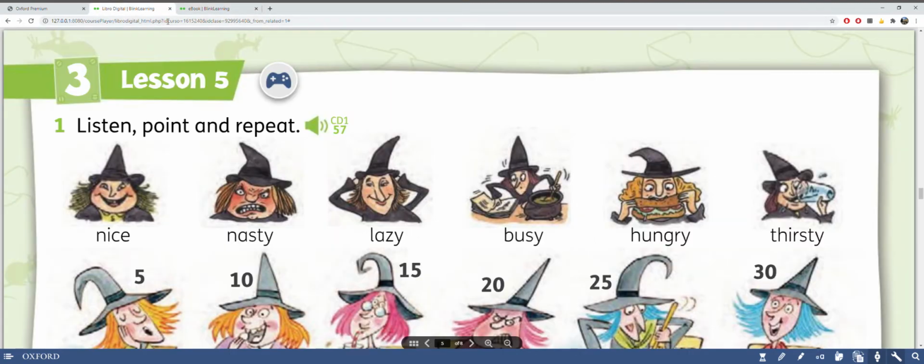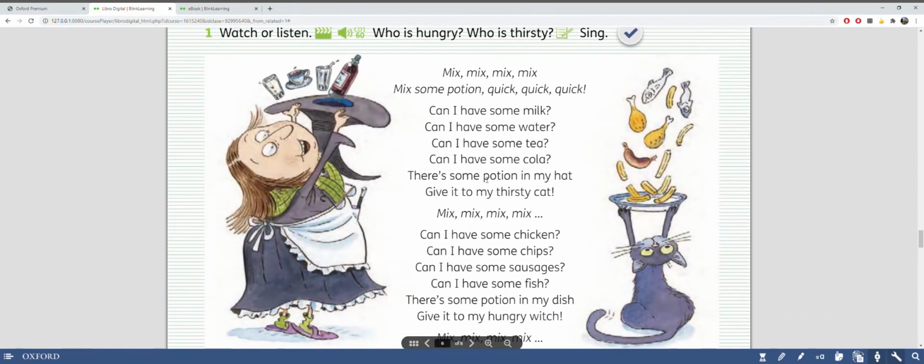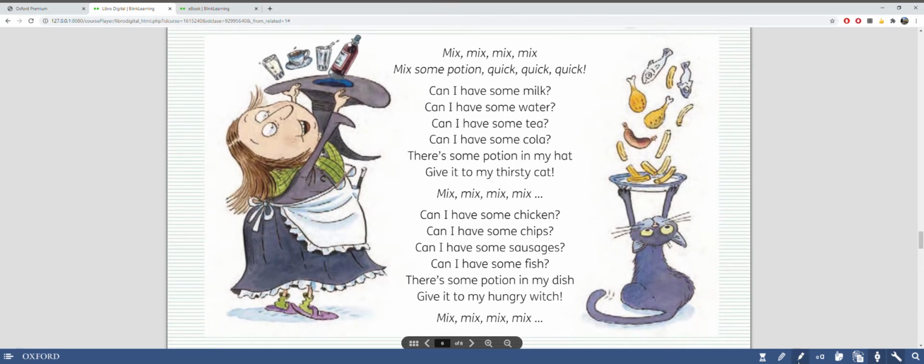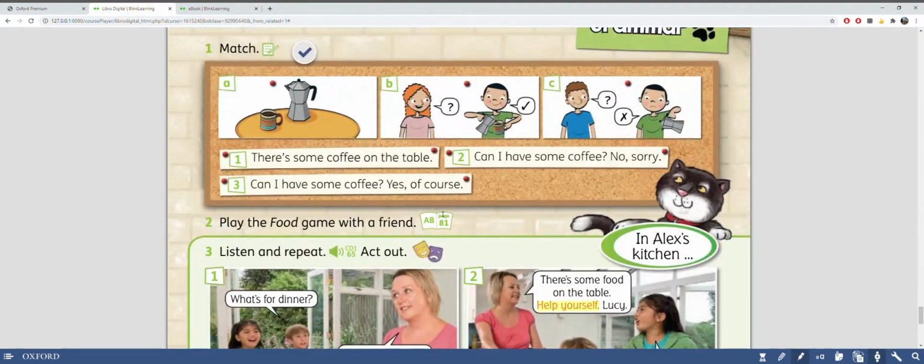Remember, we use there's some to indicate that there is something. O sea que hay. If you want to ask for food, you have to use can I have. Recuerden muy bien eso. Usamos can I have para hacer preguntas. Tal como aprendimos en la clase de la gramática, teníamos oraciones con there's some, que es para indicar que estamos ofreciendo comida.